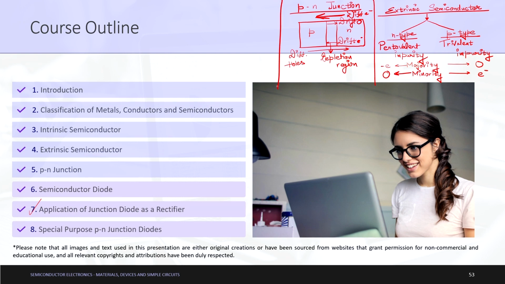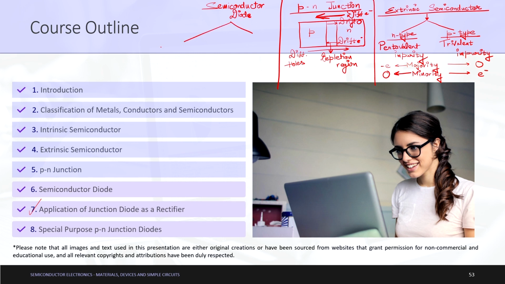The next thing was the semiconductor diode. In the semiconductor diode we understood two different concepts.